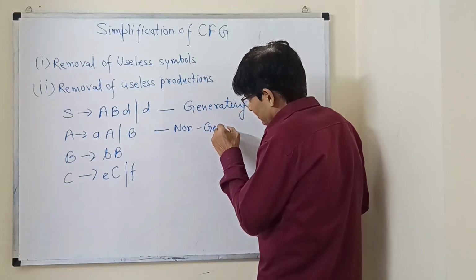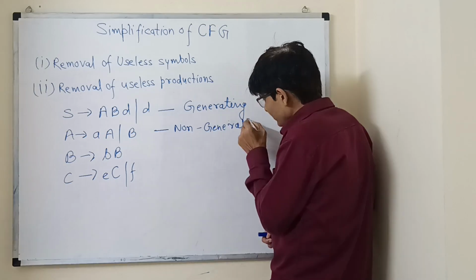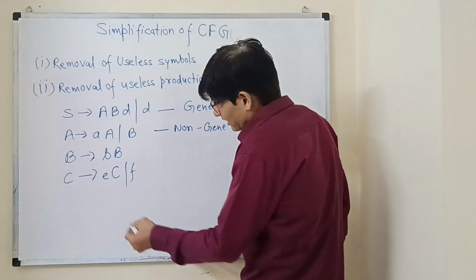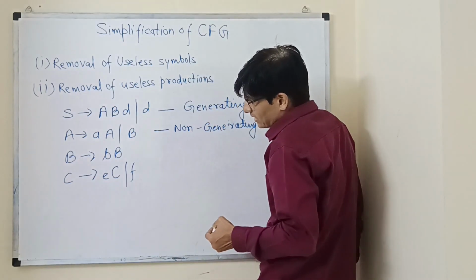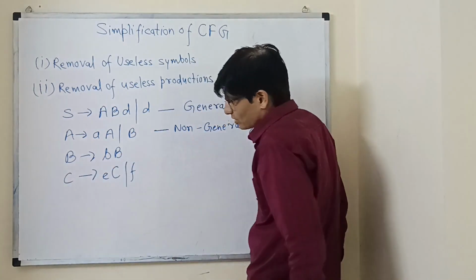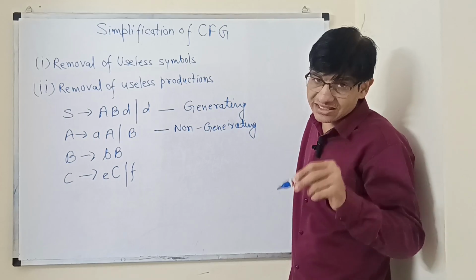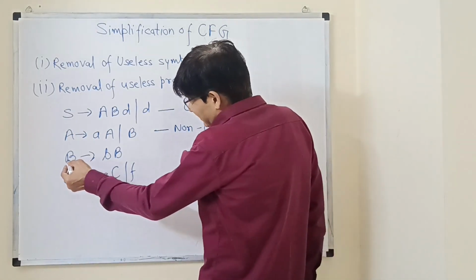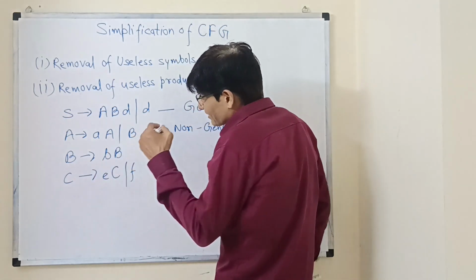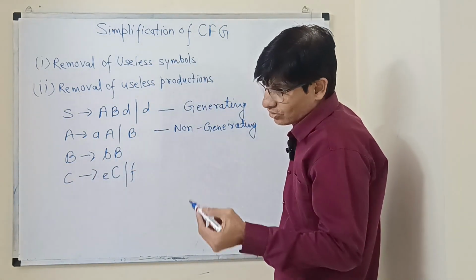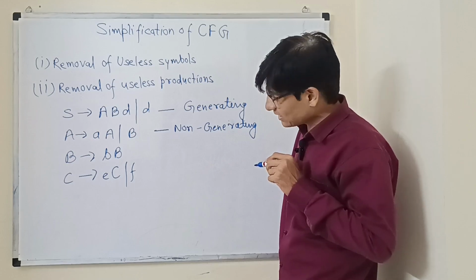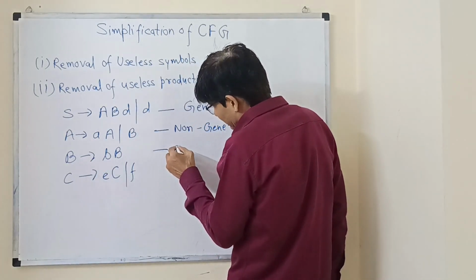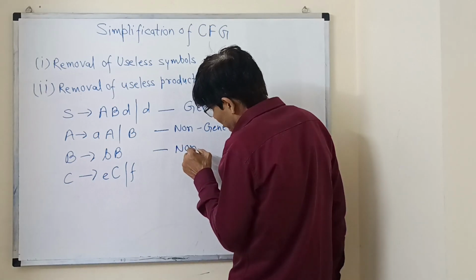So I can write here non-generating. So A is a non-generating variable. Similarly with B, you can see we have only one production of B, in which there is one variable on the right-hand side. So this also does not generate any string that has only terminals. So you can consider this B also as a non-generating symbol.